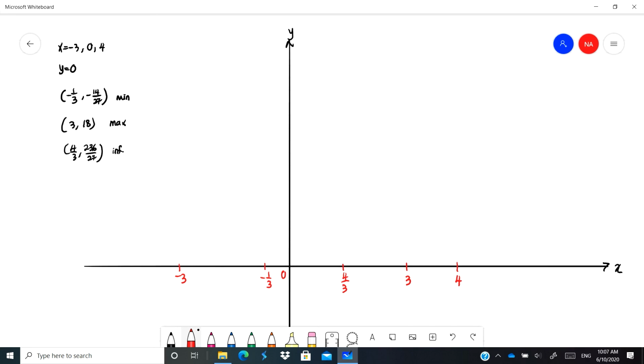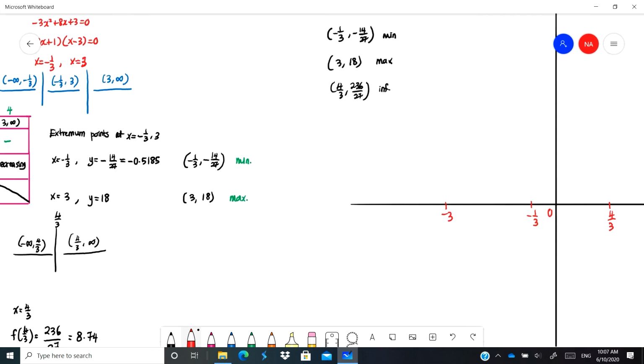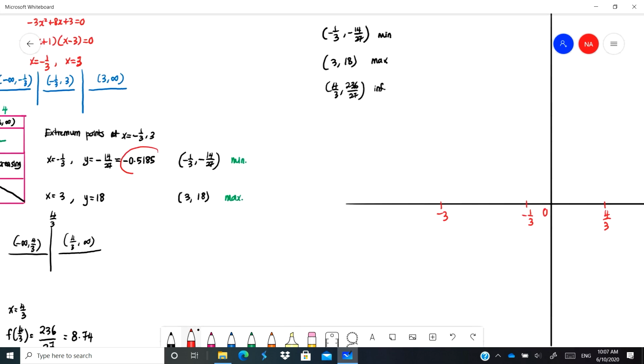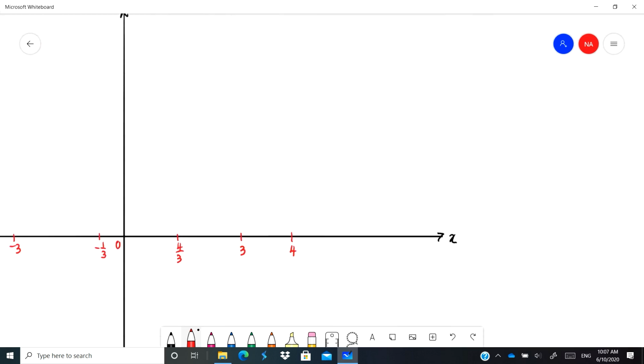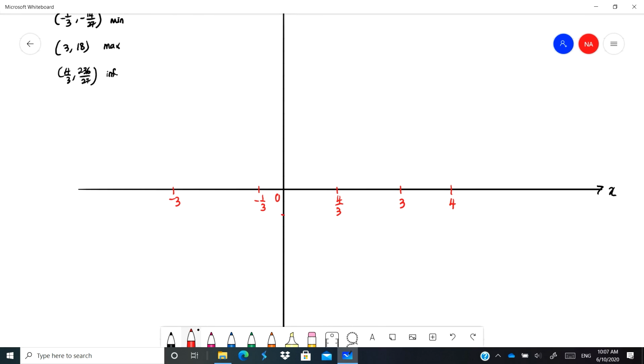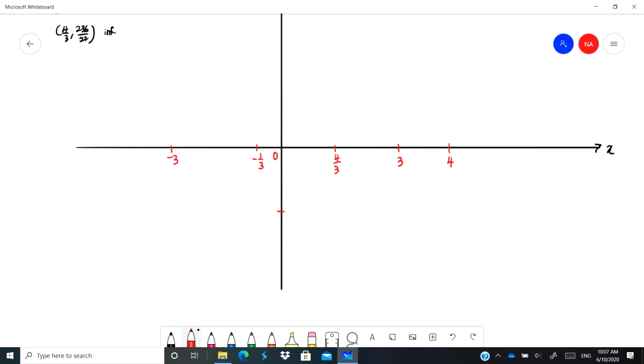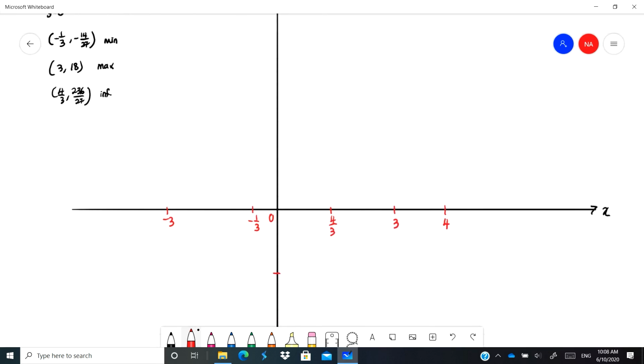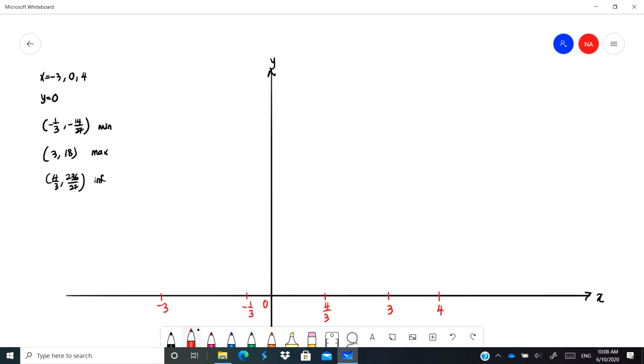All right, and then we'll have -14/27, which is actually about -0.5. Maybe I can put it somewhere around here, or maybe a little bit lower. -14/27, and then we'll have 18.